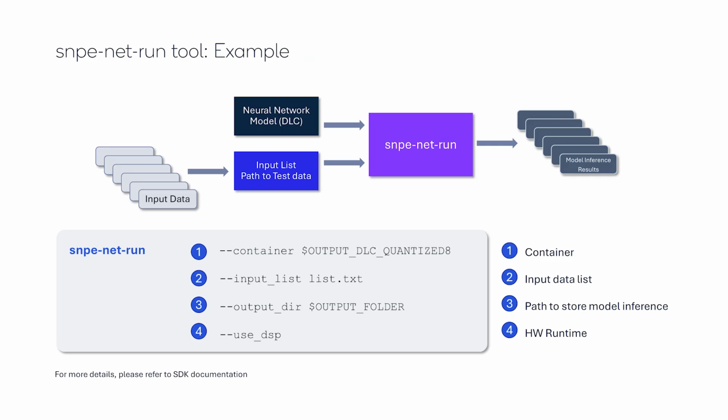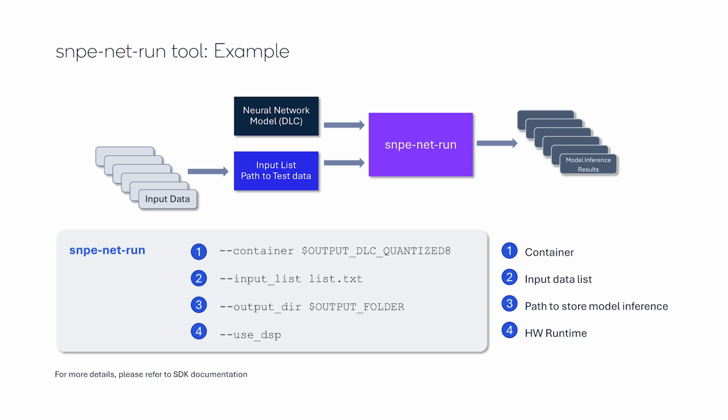Now, let's look at a graphical representation of the snpe-net-run tool workflow. First, the snpe-net-run tool loads a model in either floating point 32-bit format or quantized DLC format. It also loads an input list text file that contains paths to preprocessed image data into the device.